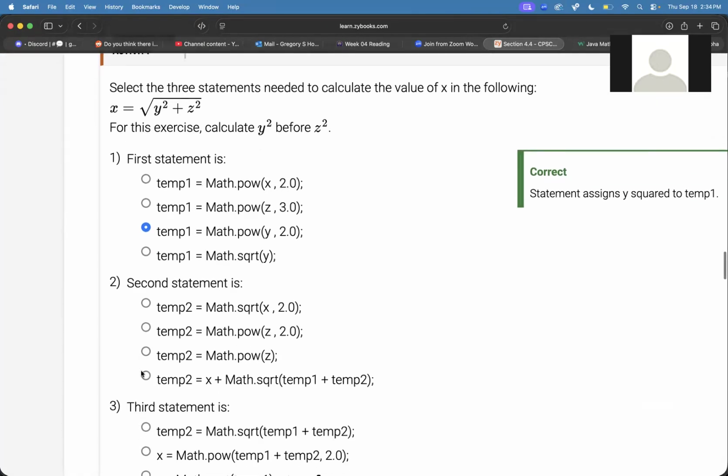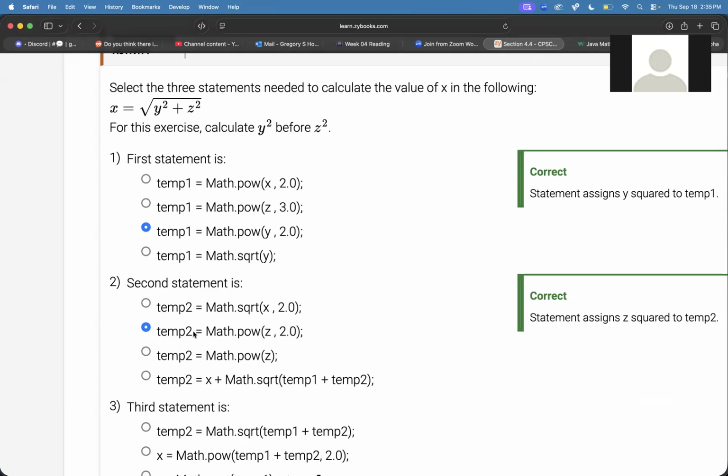So you look at the list down here and say which one of these is calculating z squared. And it's the second one, right? The top one's got an x, so it's not that. Now we have y squared in temp 1, and we have z squared in temp 2.